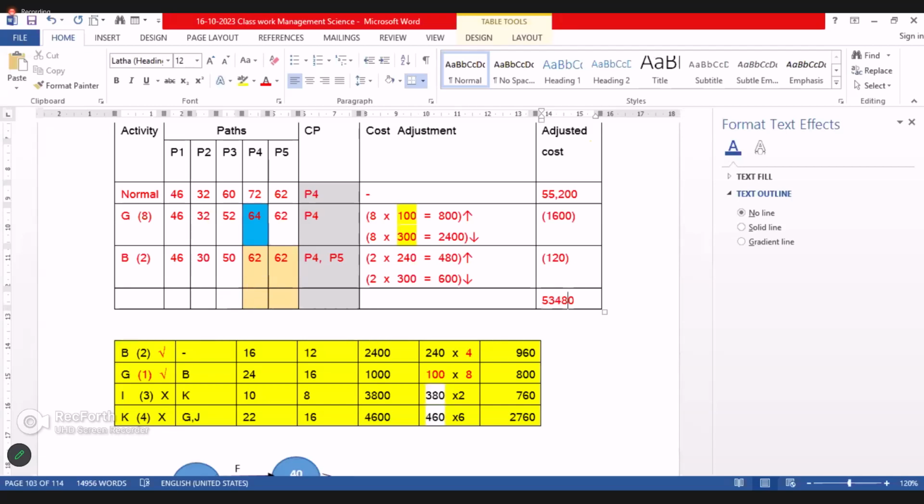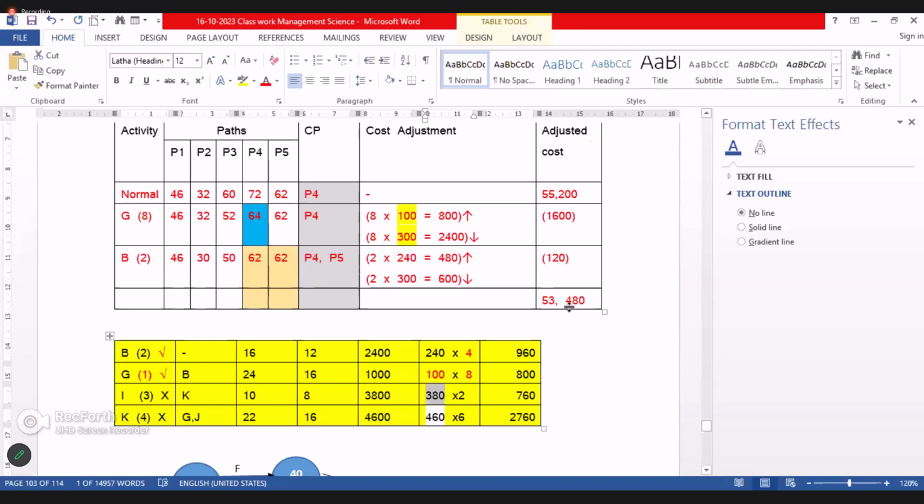If we make an adjustment in I per day, the cost will increase by how much? 380, because the cost slope is 380. Reduction is how much? 300.